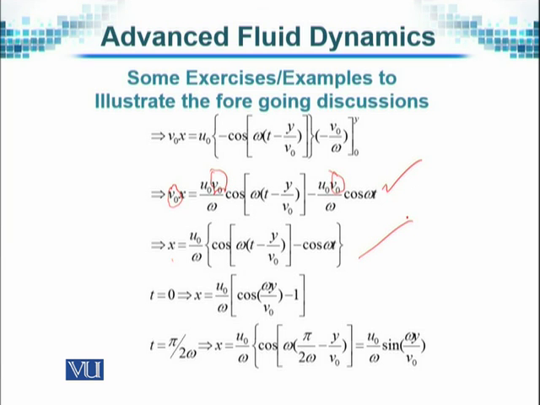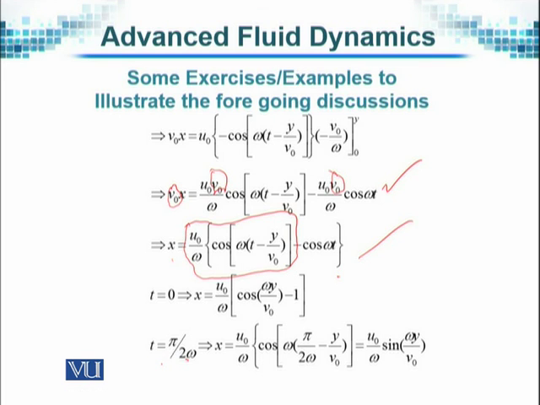We obtain this equation, and from this we note that when time t is equal to 0, cosine of omega t will be 1, and we will have only this value as non-zero. So that's what we obtain.